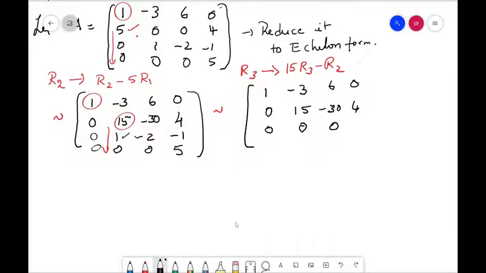Next one will be 15 times minus 1 is minus 15, and minus 4 gives minus 19. And the last row has no change.